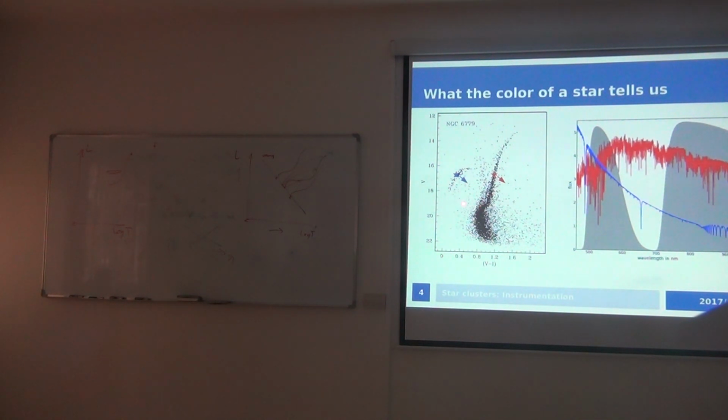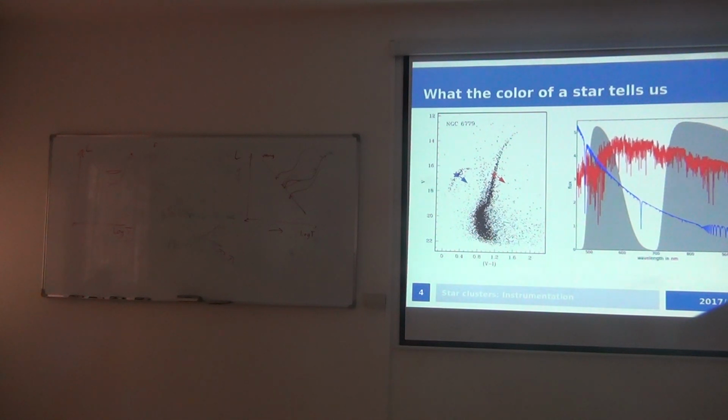So they would become redder and a bit less luminous. The reason they become redder is that most of the strong lines are in the blue part of the spectrum.